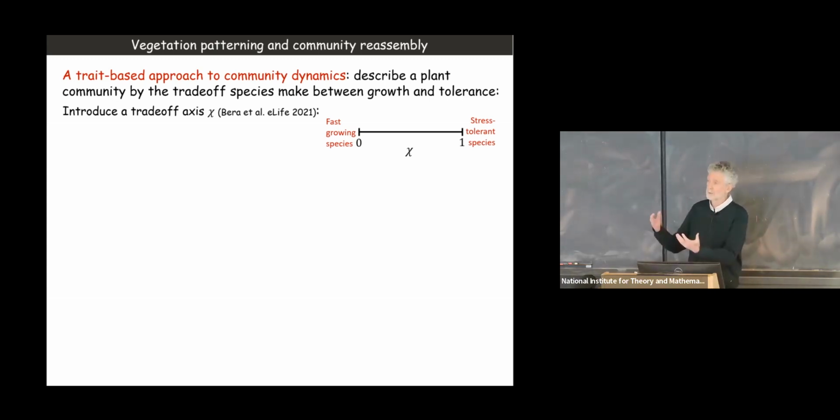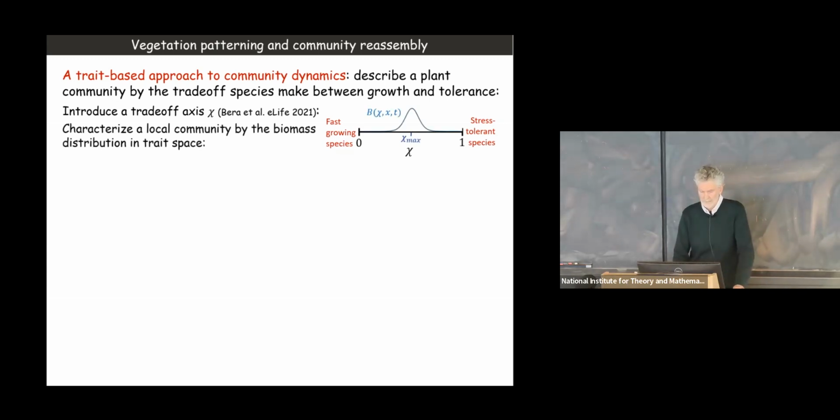So we introduce a trade-off variable called coordinate chi, so that chi equals 0 is the limit of fast-growing species, and chi equals 1 the limit of stress-tolerant, slow-growing species. And we characterize the community by the biomass distribution in this trait axis.